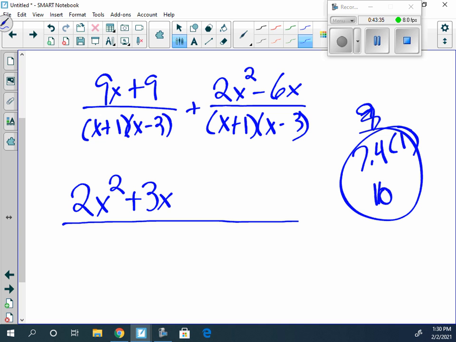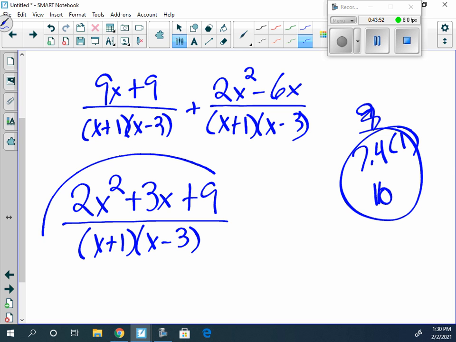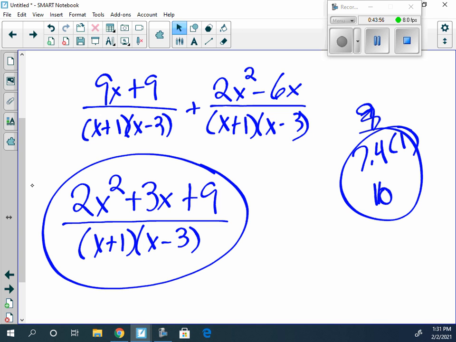And 9, just 9, is left on top. Now, in the denominator, we have x plus 1 times x minus 3. And that there, I believe, is as simplified as it gets.